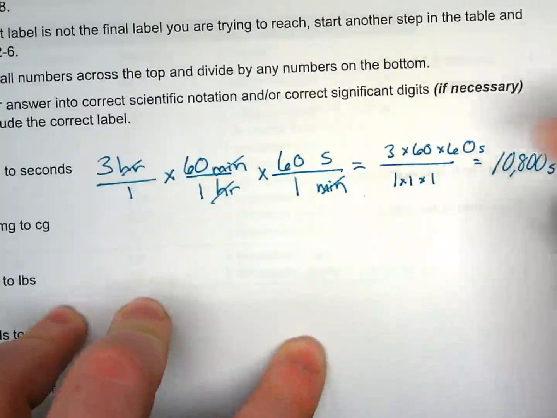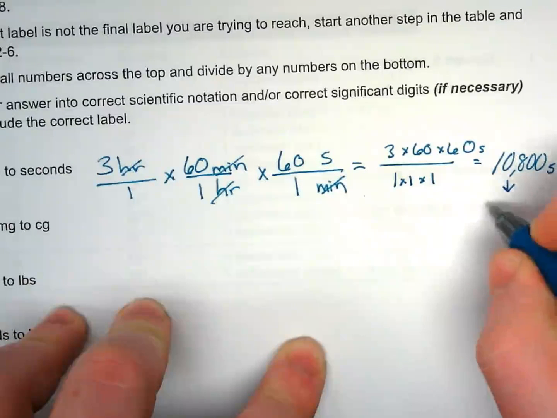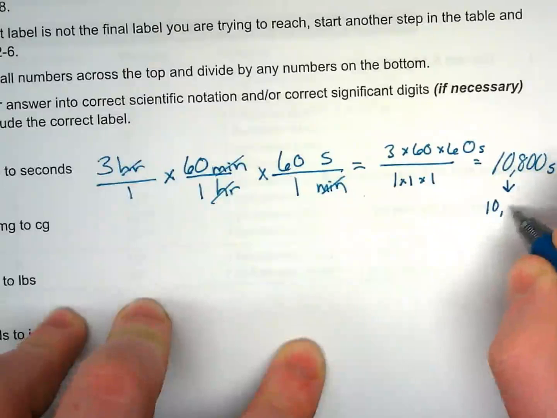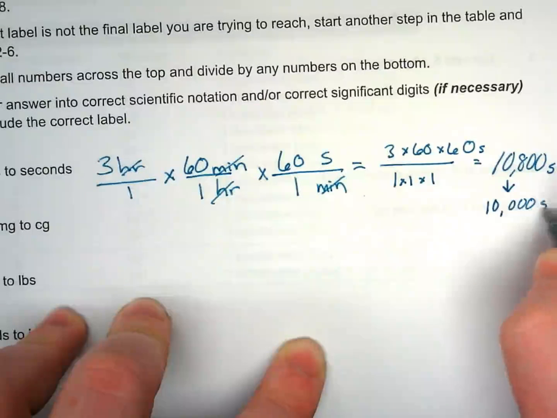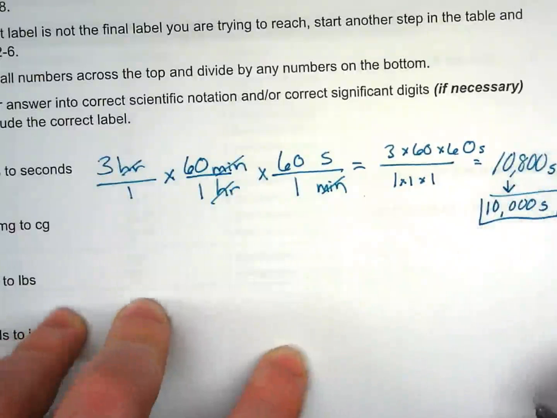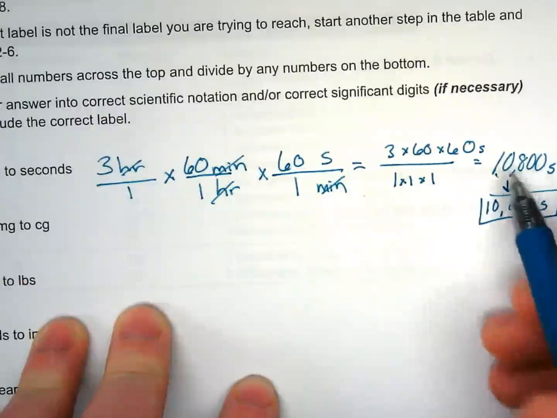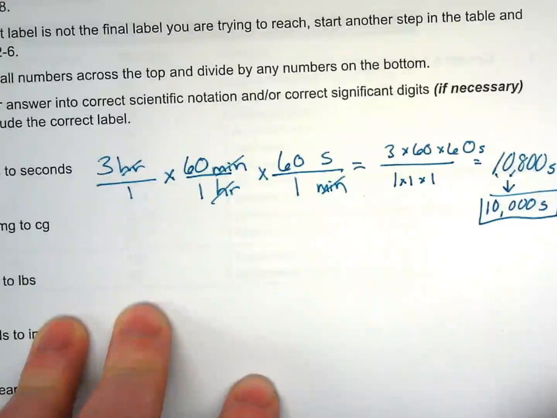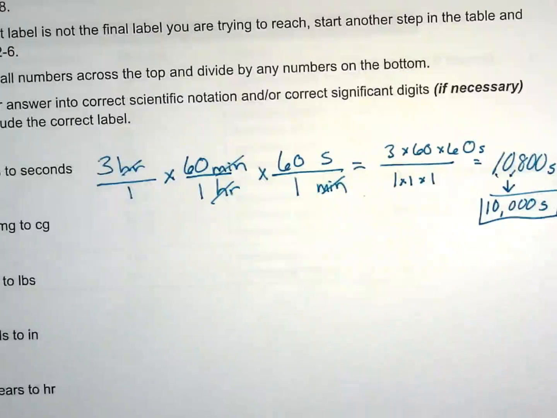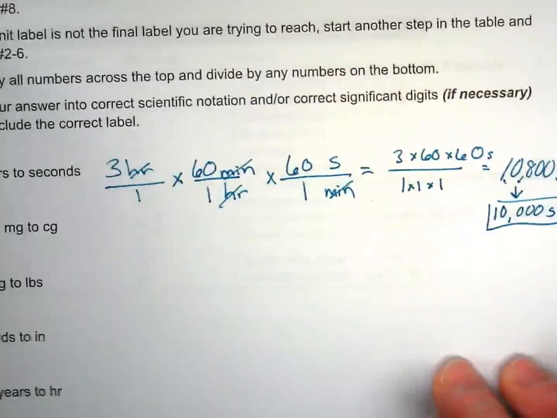So actually, the answer isn't 10,800, but simply 10,000 seconds. Okay, because again, we need to go by this guy. There's a 0 next to it, so it's just 10,000. Okay, so that would be the answer to the first problem.